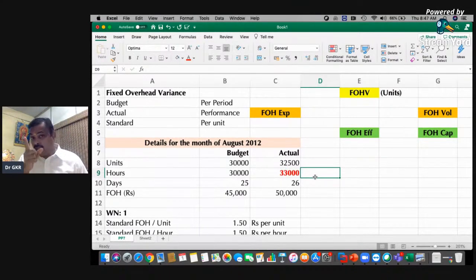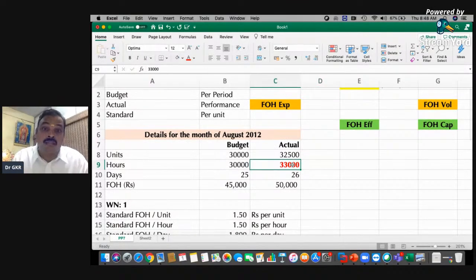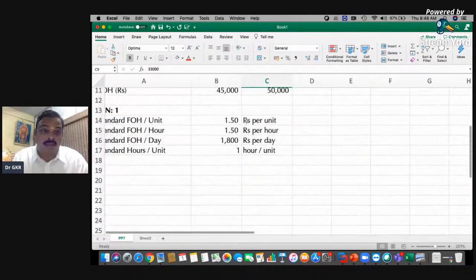And equally, while finding fault, you should also appreciate. You should have that heart to appreciate. Now we are going to do both. So life is actually debit and credit, true and false, good and bad, favorable and adverse. So how you take an adverse, you should also take favorable. 33,000 you have spent. Always remember fixed overhead variance.